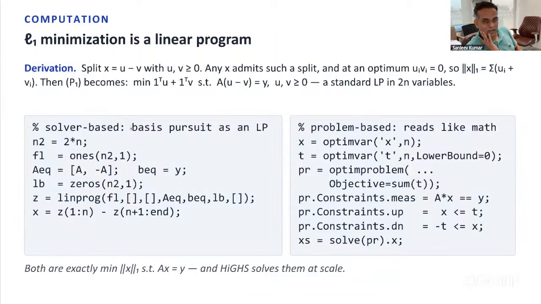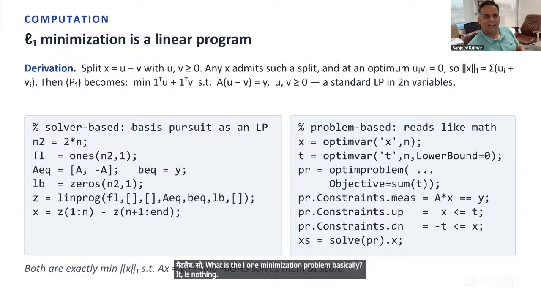Let me show you how we can solve the L1 minimization problem using Matlab. So what is the L1 minimization problem? Basically, it is nothing, just your LPP only, okay, a kind of linear program only.